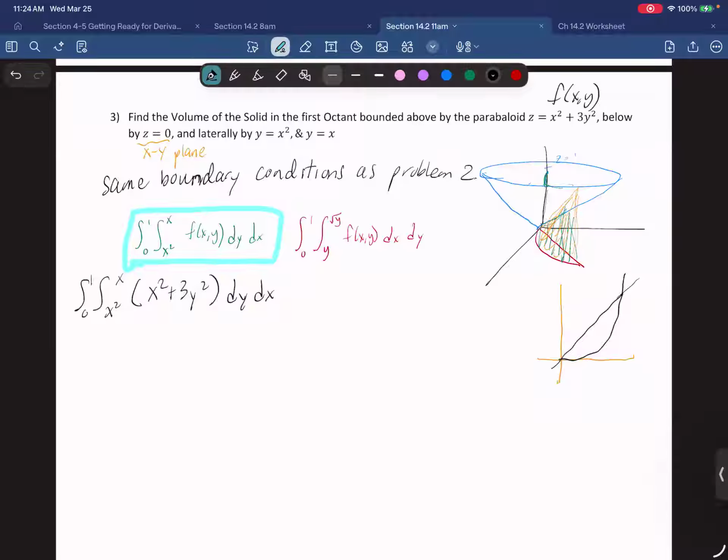Now, quick note, if your OCD is kicking in and you don't like x squared and x, remember you can change the limits of integration, swapping them if you introduce a negative sign. Some people like having the x squared above the x, and it drives them nuts. Like this just feels wrong, and it makes me twitch.